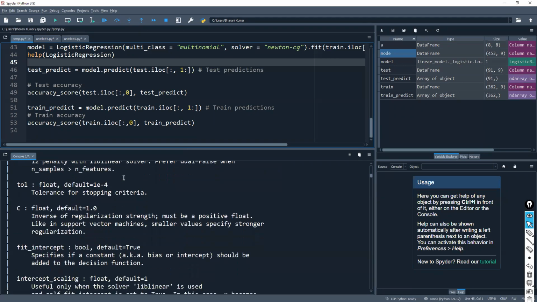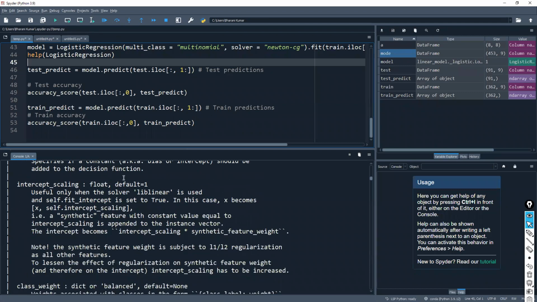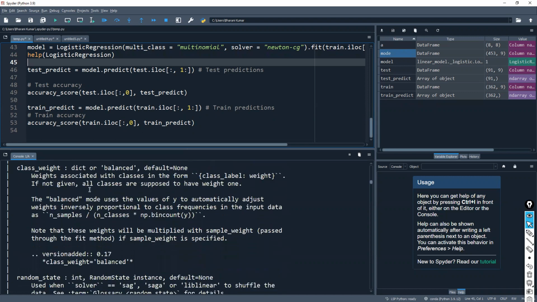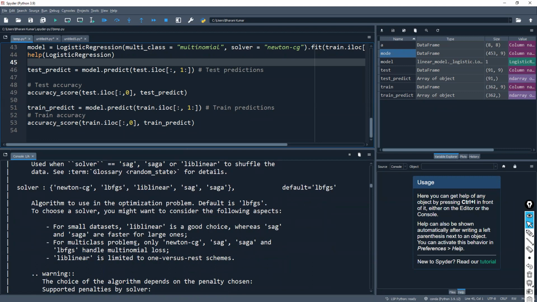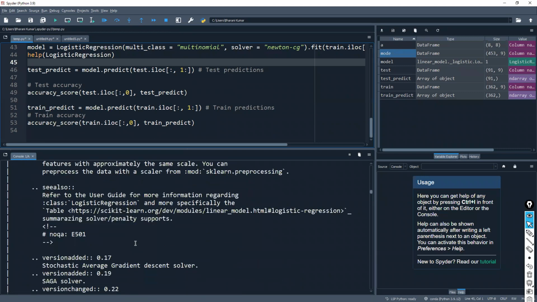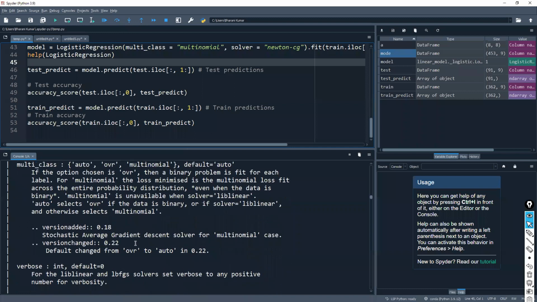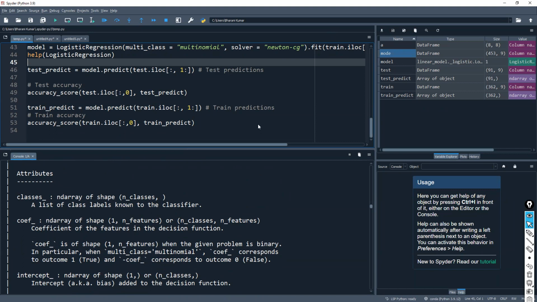I would have looked at intercept scaling. Maybe I would have tried different solver techniques which exist. In that way, I would have experimented with different options, because that would give me enough confidence that I've tried various experiments and this experiment is working well.